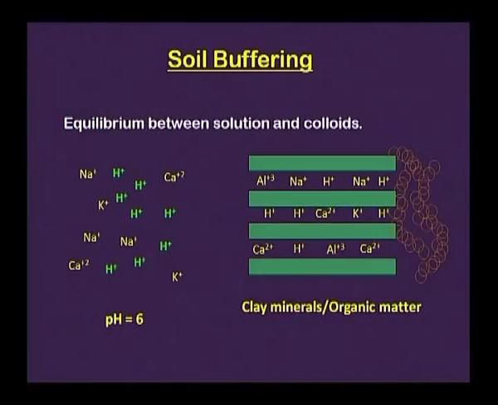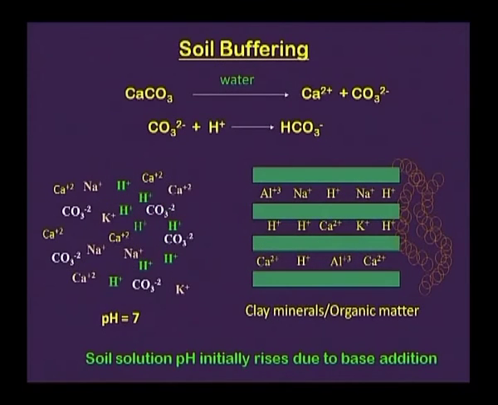Now what is soil buffering? With these examples, we would understand the soil buffering. At pH 6 in this example, there is equilibrium between solution and the colloids and the resulting soil pH is 6. When we add lime into the soil, the pH of soil solution initially increases due to the addition of lime in the soil solution.